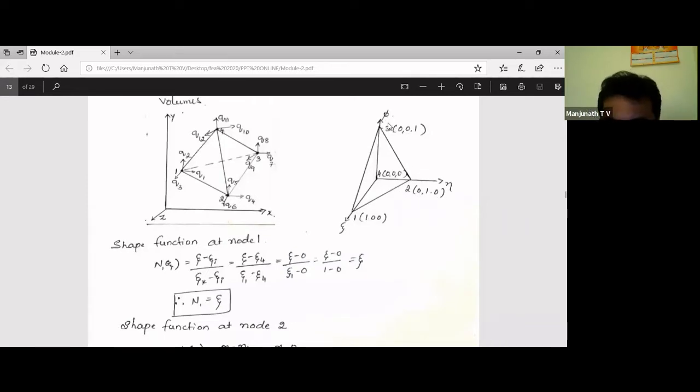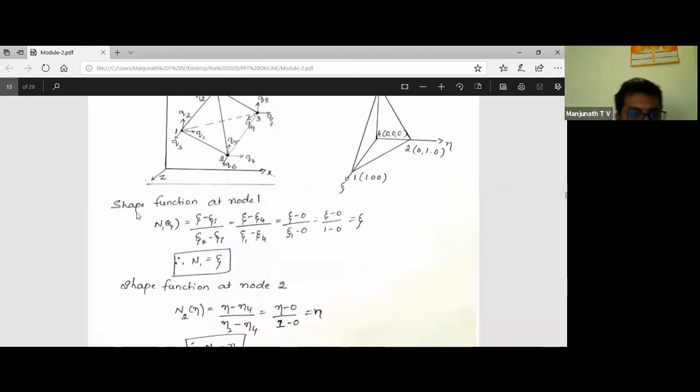Similarly in the psi direction, the zeta and neta values will be 0 and the psi value will be 1. At node number 4, all the values are the origin, so we consider all values 0. This is how we give the coordinate values for the tetrahedral element. This is most important, because these values are used in the Lagrange's function to obtain the shape functions of a tetrahedral element.